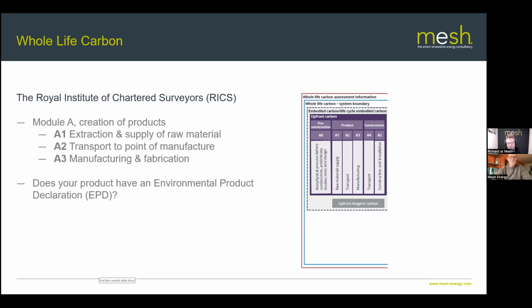So this is kind of the next step on from FSC for timber, for example. So we can really understand what the global warming potential of the material is, and it starts to influence, for example, the choice and placement of insulation, which has a high GWP, and there are often opportunities to manipulate that so you still get the same thermal performance, but you can bring down the carbon footprint of the building.